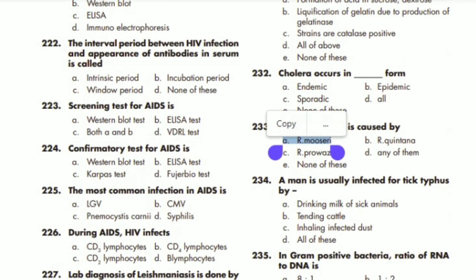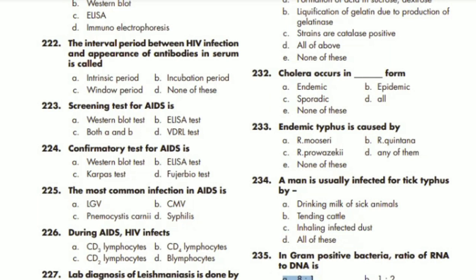A man is usually infected with tick typhus by inhaling infected dust. Due to this way, man will be infected by tick typhus. MCQ 235 says that in gram-positive bacteria, the ratio of RNA to DNA is 8:1, which is the correct option.